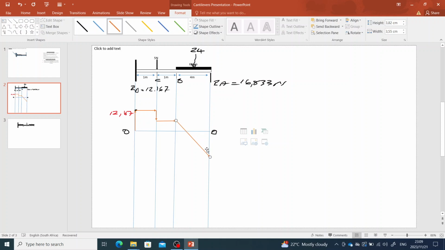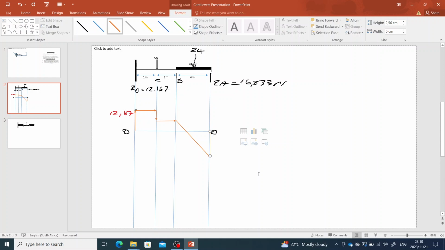Then on this line, I'm having an upward force. It is 16,833, of which negative, plus that one equals to what? To 0. We started at 0. We ended at what? At 0.